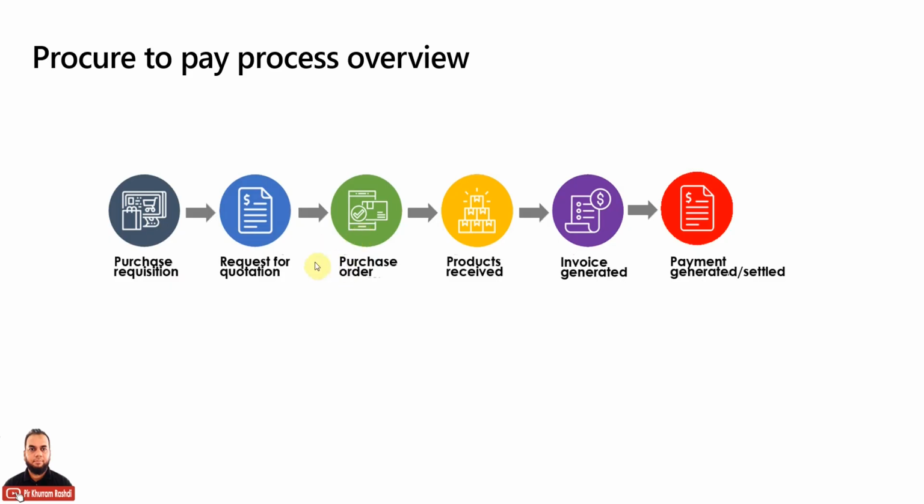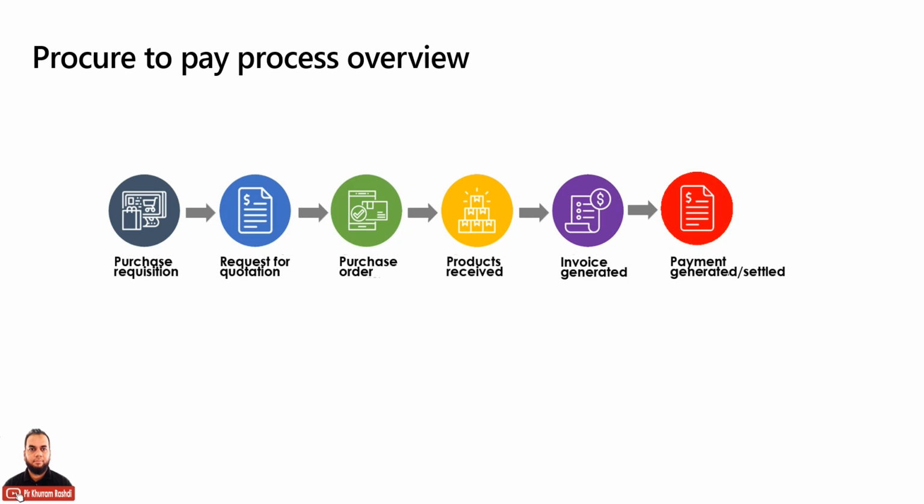That can also be converted to a purchase order itself. But ideally it should go through a request for quotation when you do not have a trade agreement with the vendor on a certain price, or when you get discounts by committing to a vendor that you will be purchasing from them, and they give you special discounts or pricing.